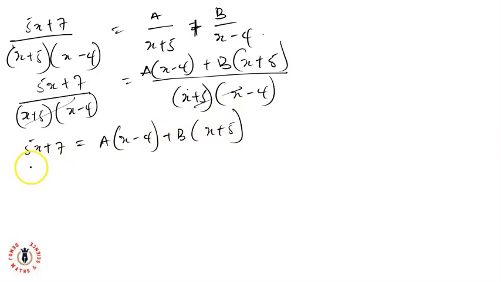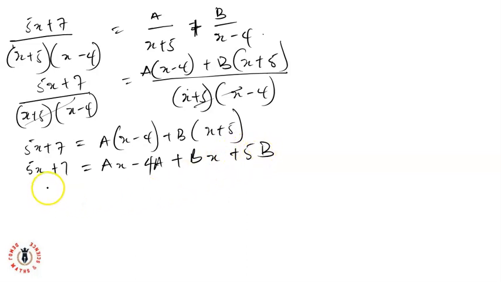Now, let's expand the brackets so that I have 5x plus 7 to be the same thing as Ax minus 4A plus Bx plus 5B. Let's collect like terms. My 5x plus 7 is equal to, collecting like terms, A plus B into x, minus 4A plus 5B.